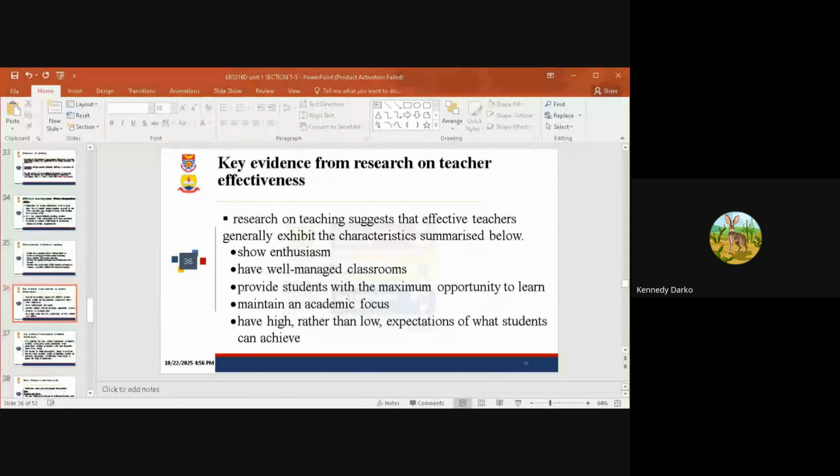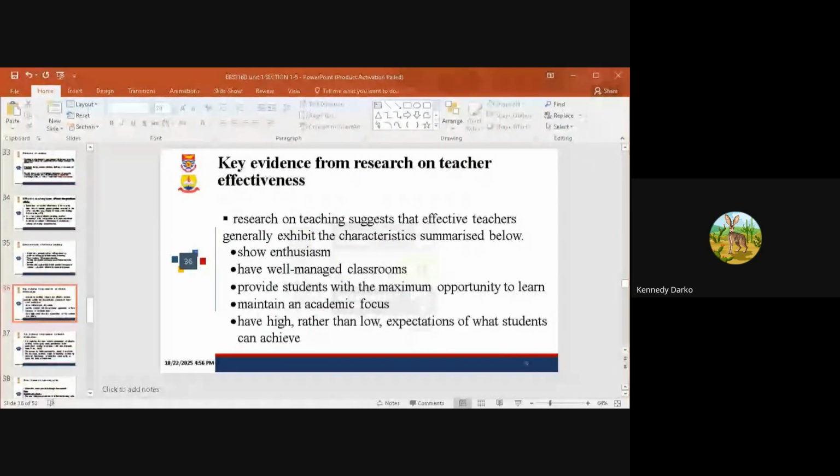All right. Now, key evidence from researchers on teacher effectiveness. Some people have sat down and done research on teacher effectiveness. Let's look at it. Research on teaching suggests that effective teachers generally exhibit certain characteristics. What are some of these characteristics? They show enthusiasm. They have well-managed classrooms.